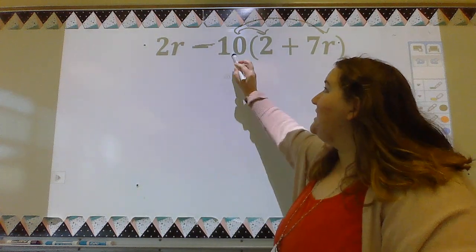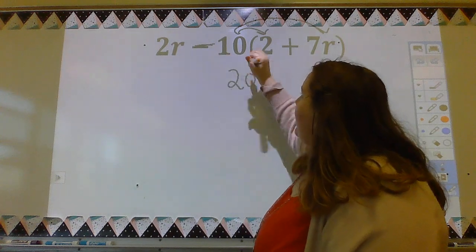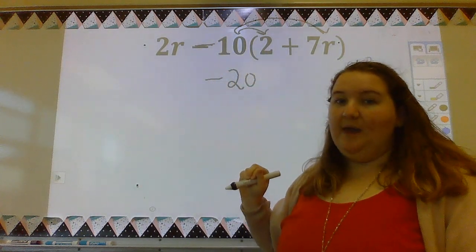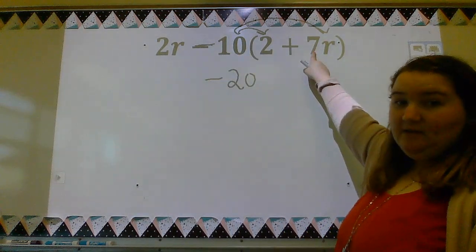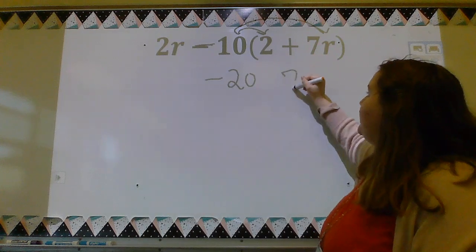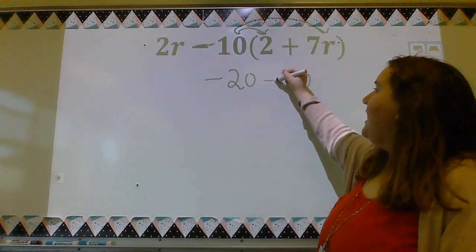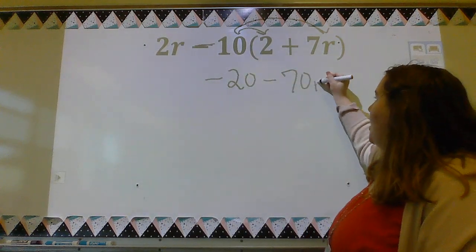What that means is I'm going to say 10 times 2. 10 times 2 is 20, and a negative and a positive make a negative, okay? Then I'm going to say 10 times 7, okay? 10 times 7 is 70. And a negative and a positive make a negative. And don't forget, 10 times 7r is 70r.